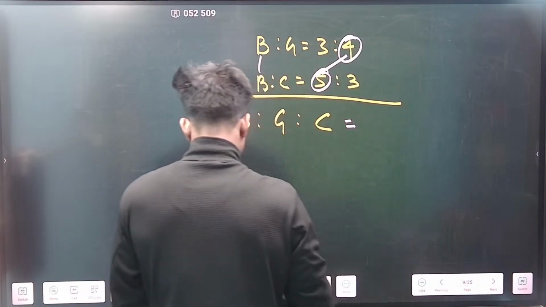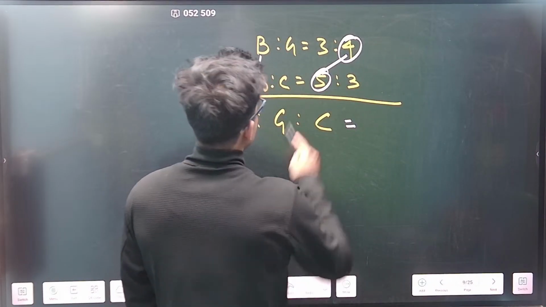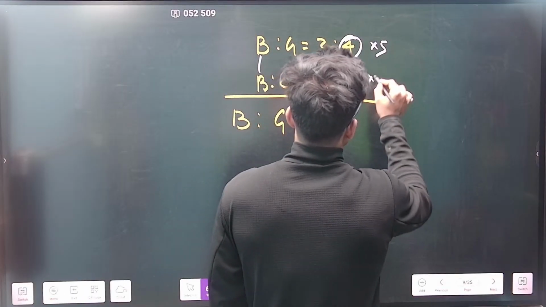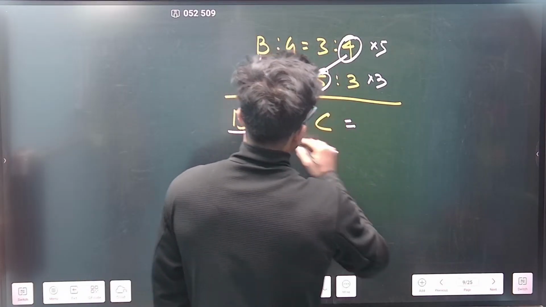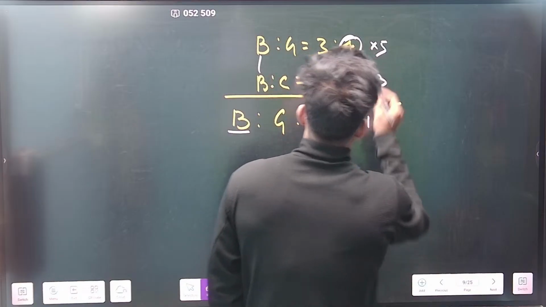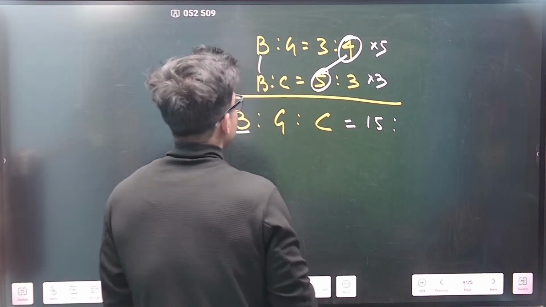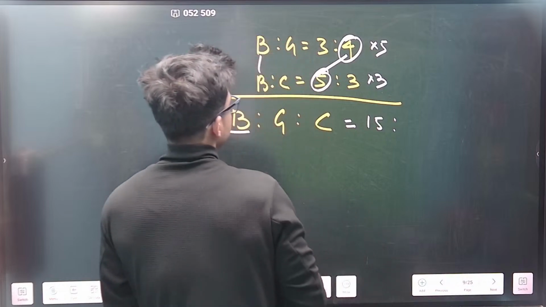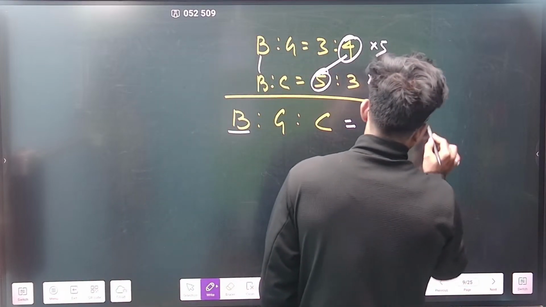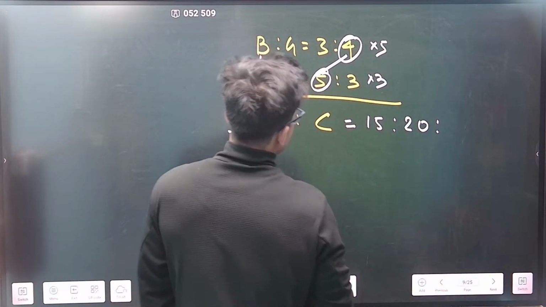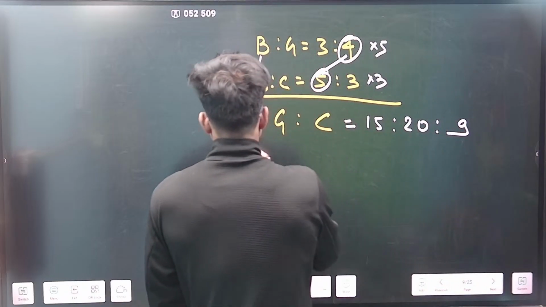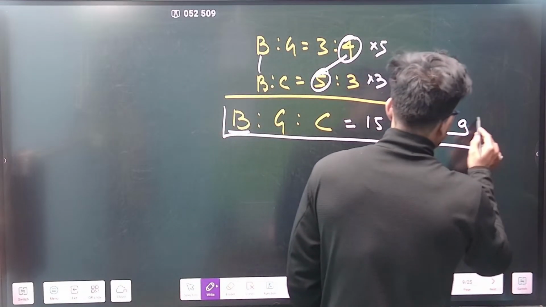My boys here is 3 and boys here is 5. So I'll multiply this by 5 and I'll multiply this by 3. You can see now boys becomes 15. Girls becomes 5 4s are 20, and children becomes 3 3s are 9. Correct. So the ratio is this one.